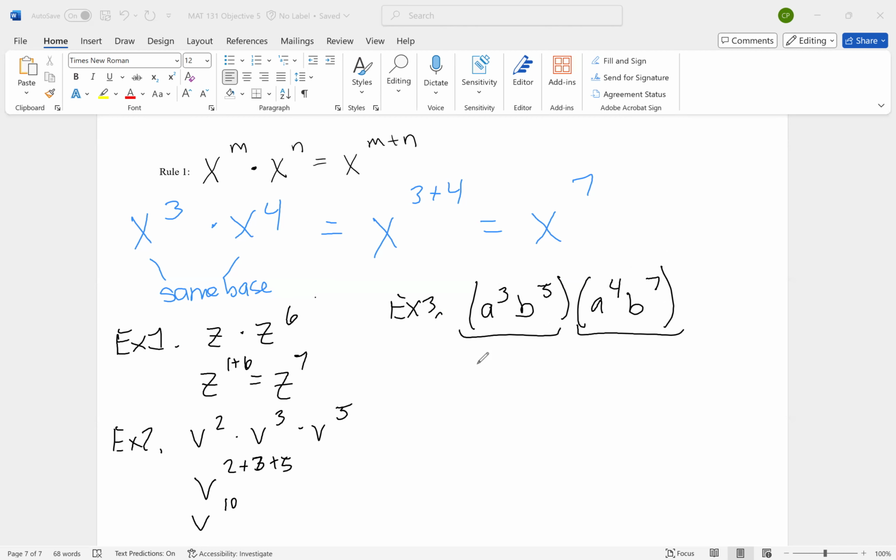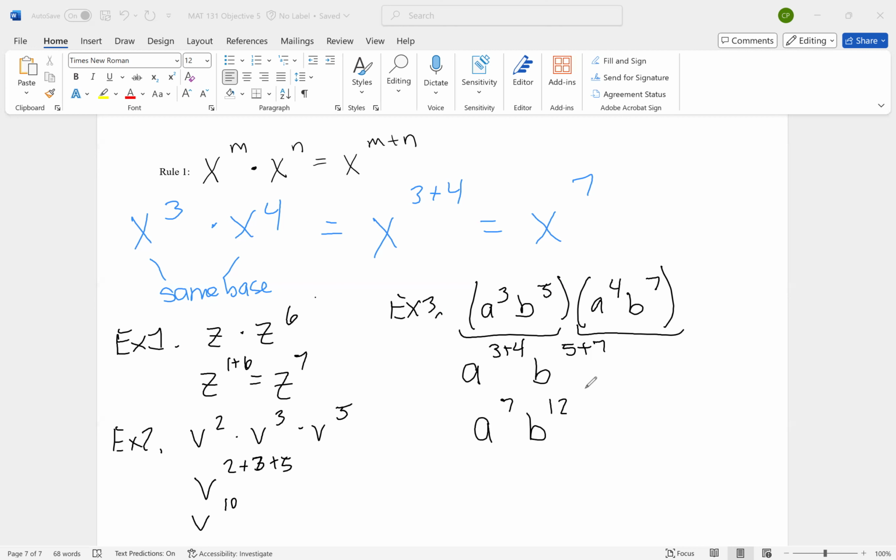So everything that has that same base of A, we will look at those exponents and add those. Everything that has the same base of B, we will look at those exponents and add those. And so the final answer will be A to the 7th, B to the 12th, okay?